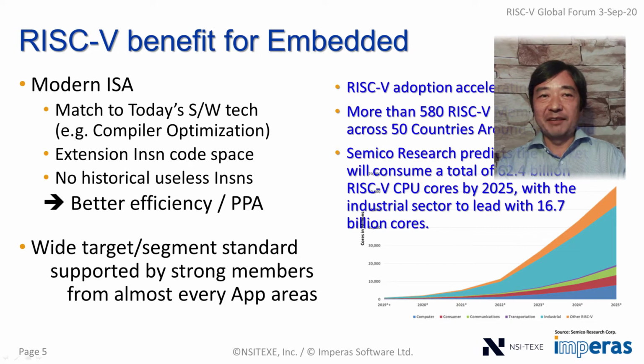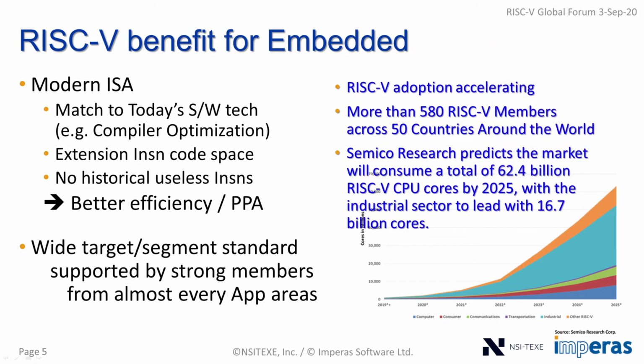Now, binary level compatibility is not important today, so it is good timing to define a new ISA for new generation processors. RISC-V is already supported by many members from a wide application area. It will be good to keep flexibility, scalability, and wide coverage of the applications, I mean more generic.